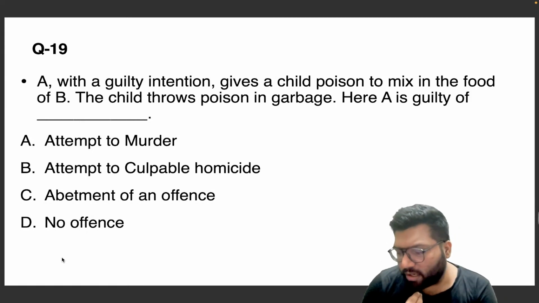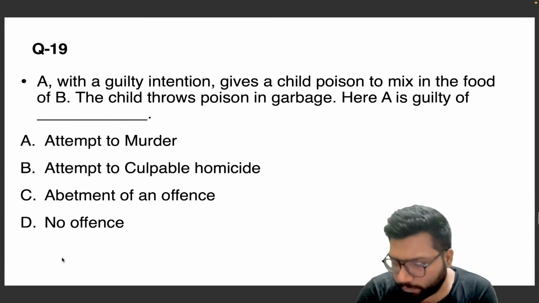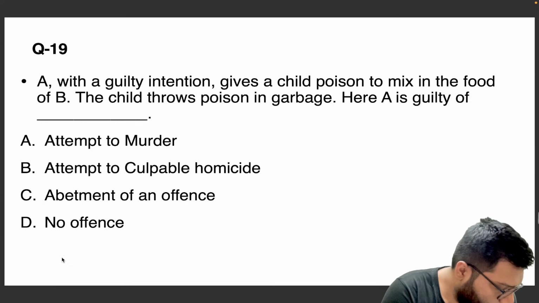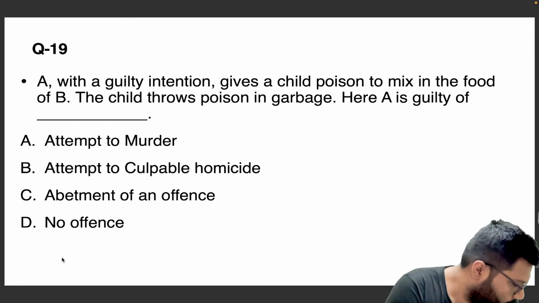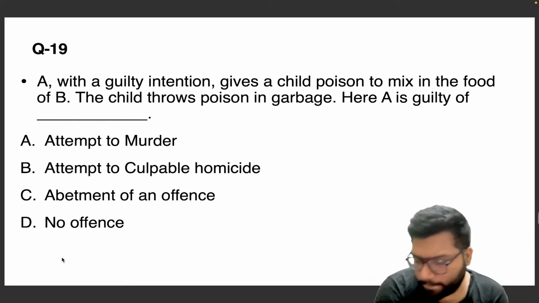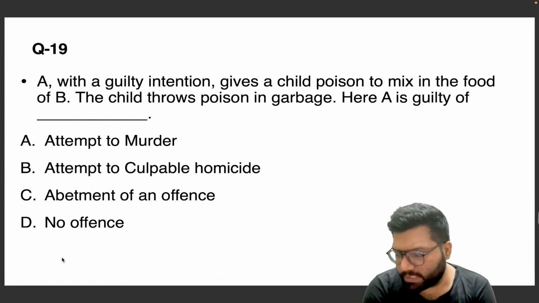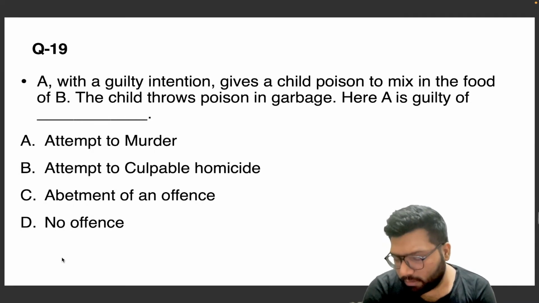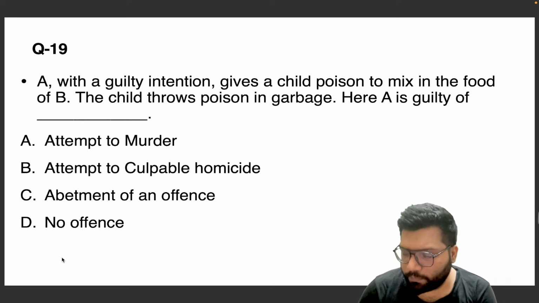Anyone can tell me the section number for this one? Section number. The concept which you have applied here. From which section number? The answer is C. Is it 115?